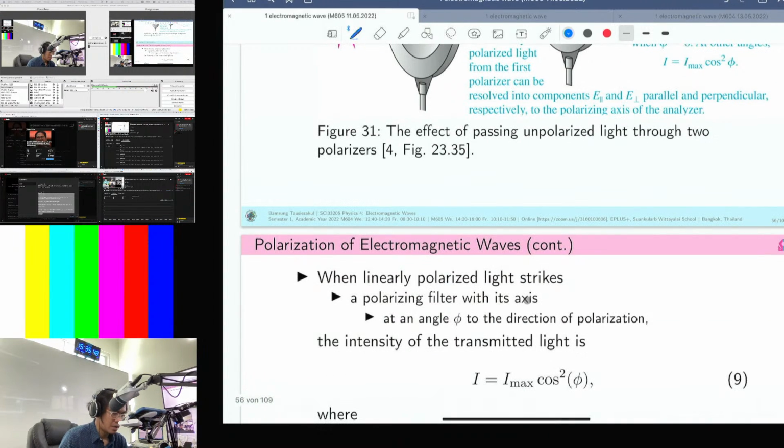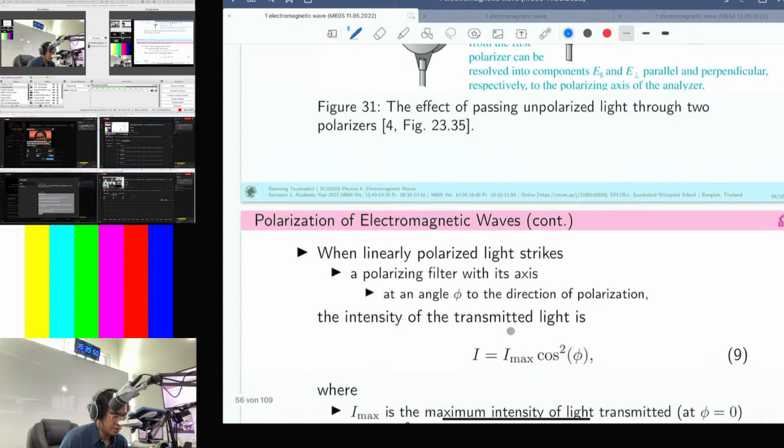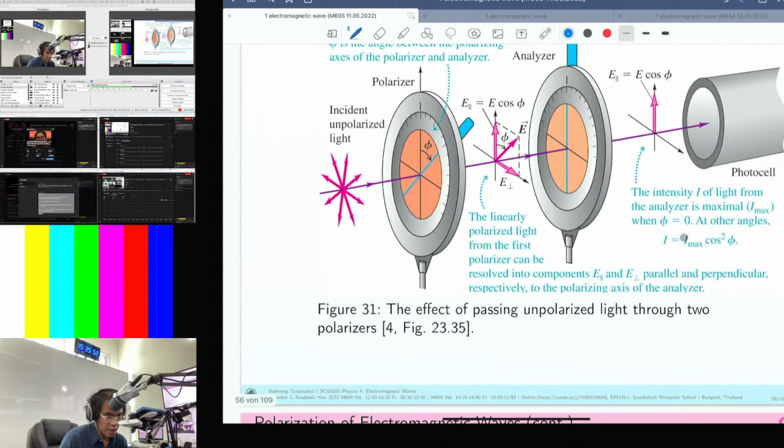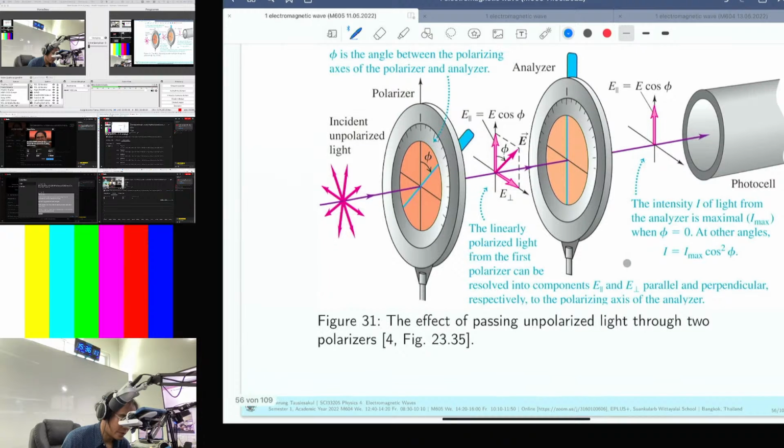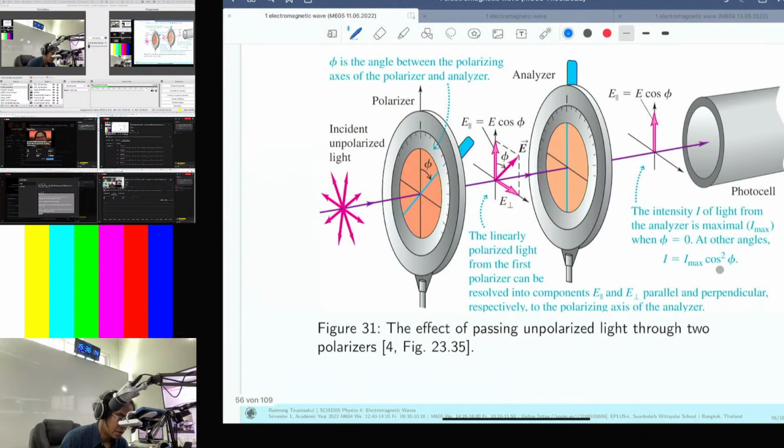The relationship is that I is equal to I max, where I max is the intensity at the input, and phi is the angle between the incident light and the polarizing axis of the second filter here, multiplied by cosine square of that angle phi.